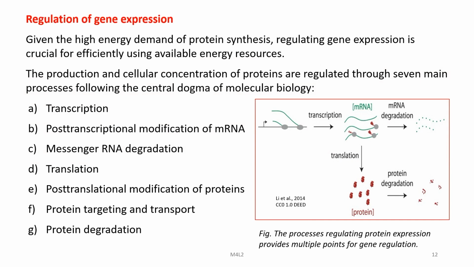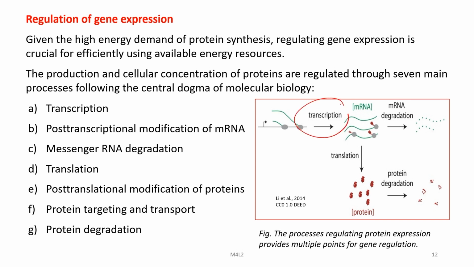Regulation of gene expression. Given the high energy demand of protein synthesis, regulating gene expression is crucial for efficiently using available energy resources. Otherwise, there will be wastage without any outcome or benefit for the cell. The production and cellular concentration of proteins are regulated through seven main processes following the central dogma of molecular biology.